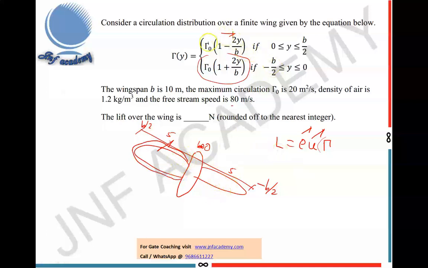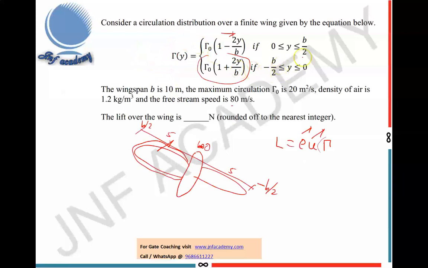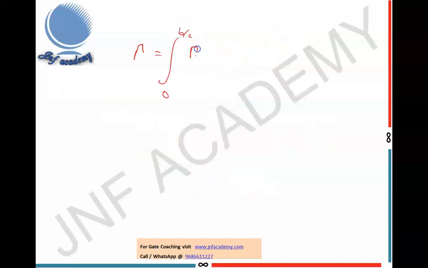For that, let's take this function which is given in the question. So if you want to get the full gamma, right, gamma is equal to integral of 0 to b by 2. See, I'm going to take this first equation, 0 to b by 2, gamma naught into 1 minus 2y by b.